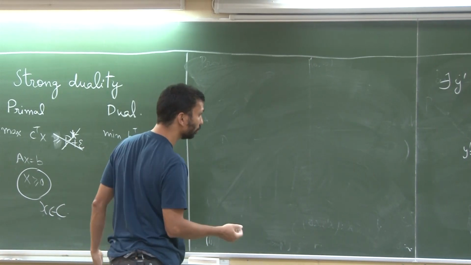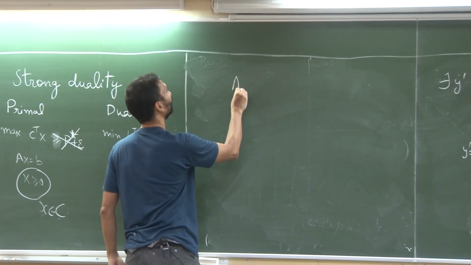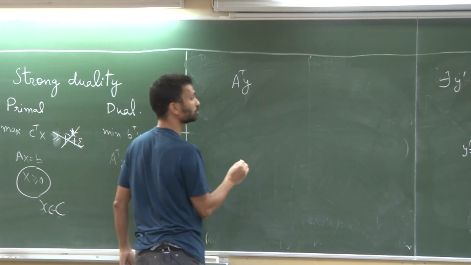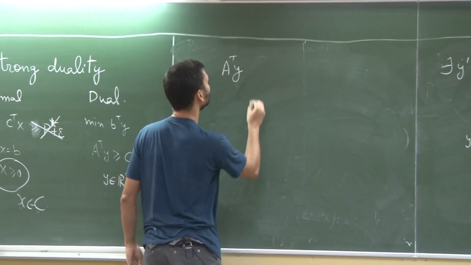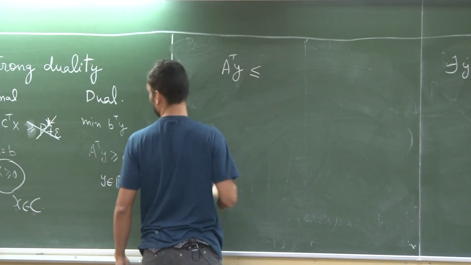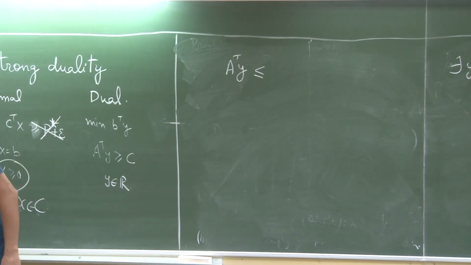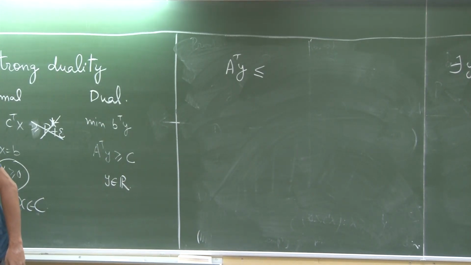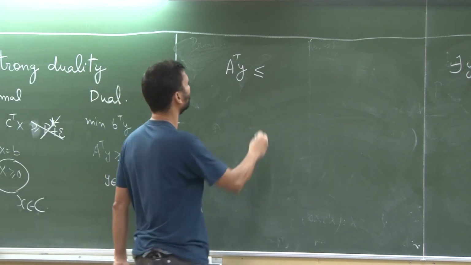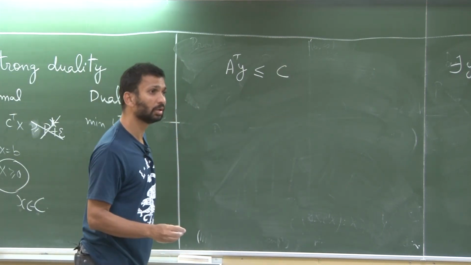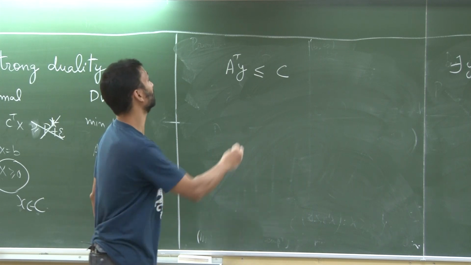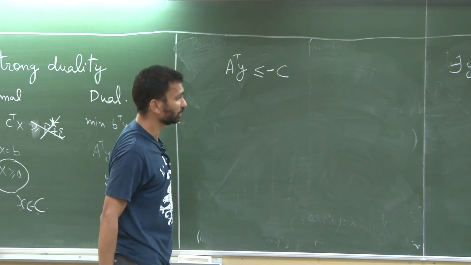So if u is equal to 1, A transpose y is less than or equal to C? Huh? Minus C. Good, thank you.